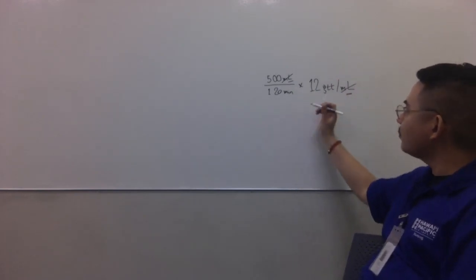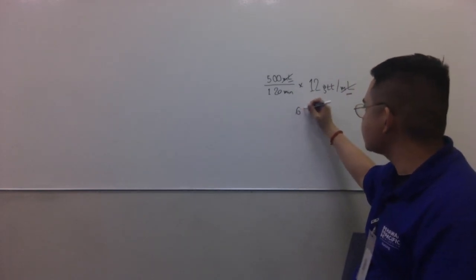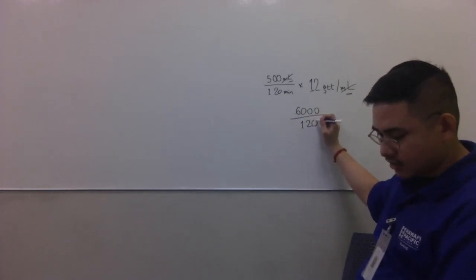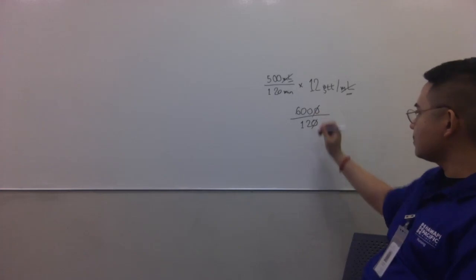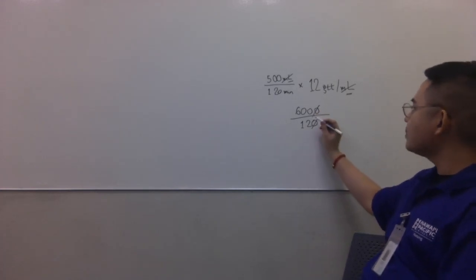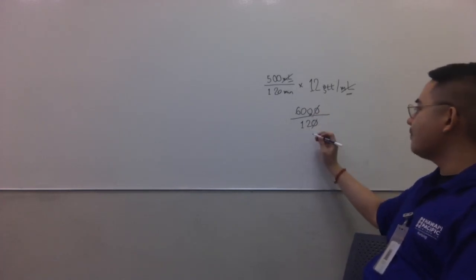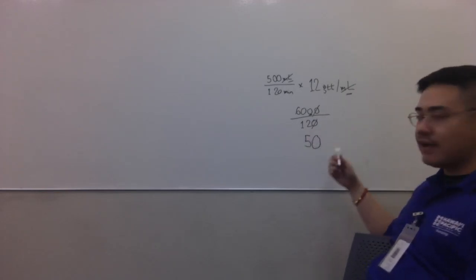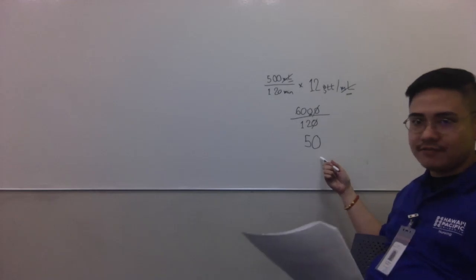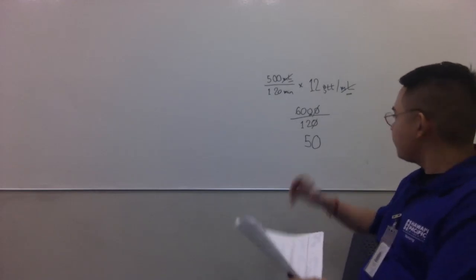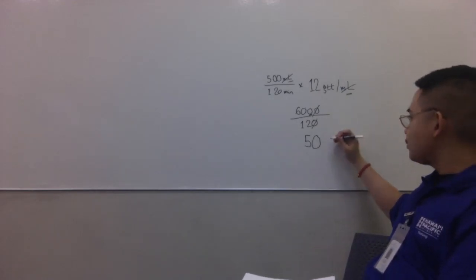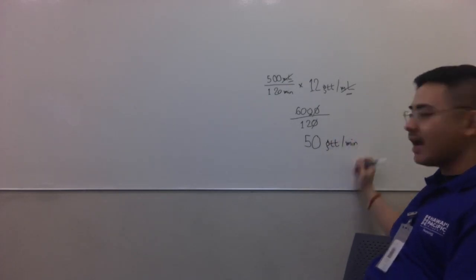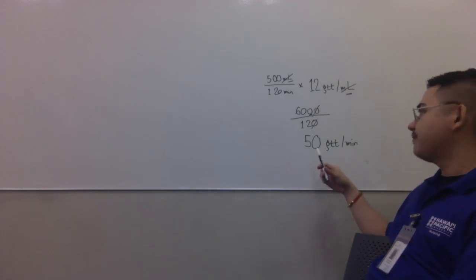So 500 times 12 is 6,000, divided by 120. Cancelling the zeros, 60 divided by 12 is 5, and then there's another 0 at the end. So we have 50. You can type that down, 50. But we need the units if we were to write it down, so drops per minute. Again, it's a computerized exam, so we would put 50.